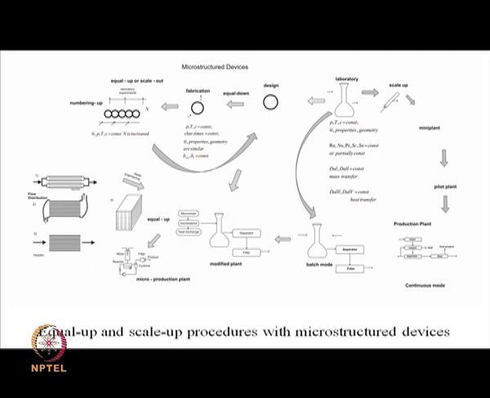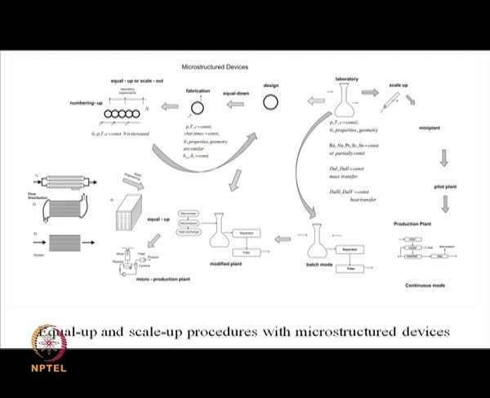From the laboratory, you first design something of some dimensions, and this design now has to be stepped down by the available fabrication technology to a microchannel. From that fabricated microchannel, you perform the numbering up and you go to a number of microchannels connected in parallel.